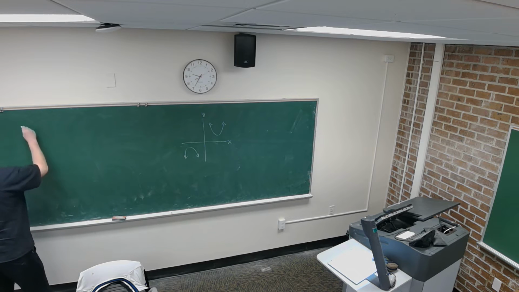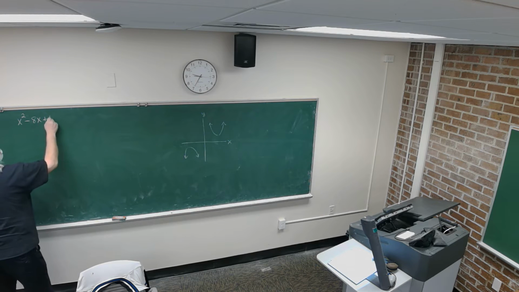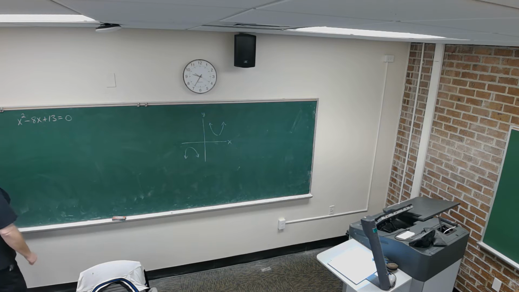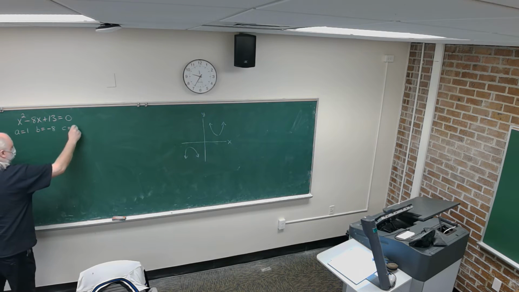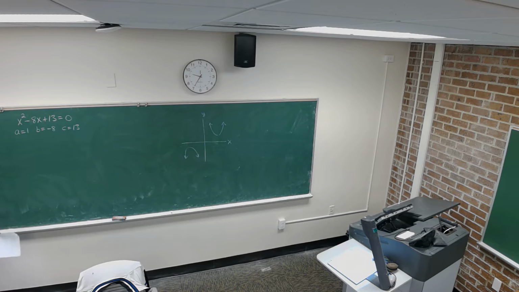So we have x squared minus 8x plus 13 is equal to 0. So you can see that a is equal to 1, b is equal to -8, c is equal to 13 in this problem.